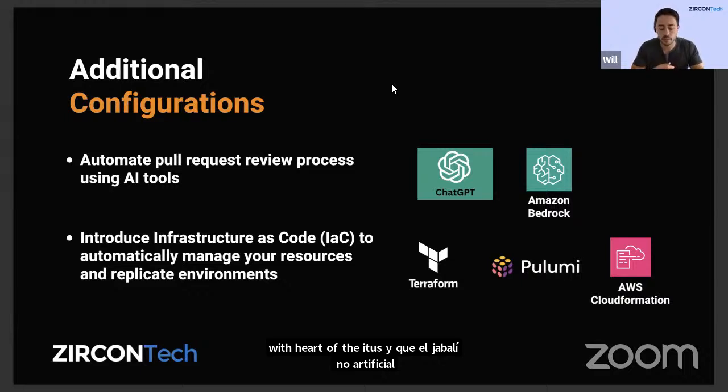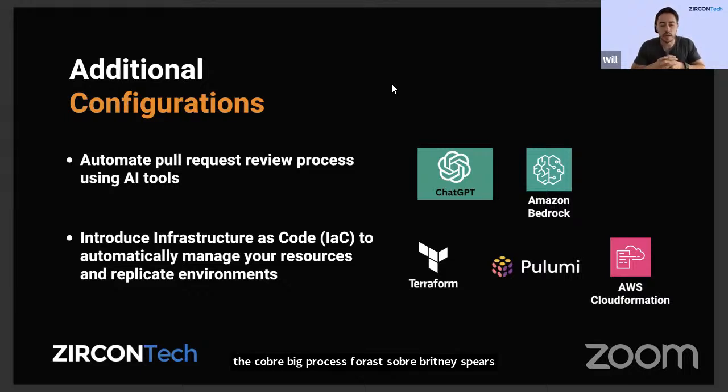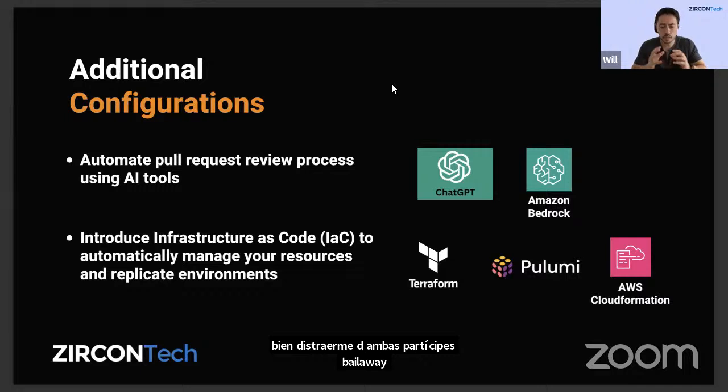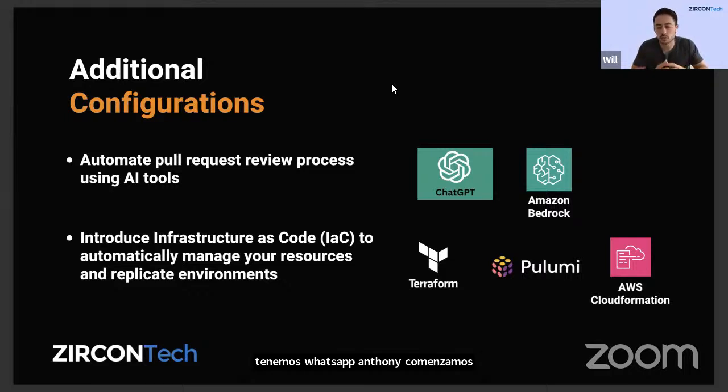So every time a developer opens a pull request, we can ask an agent to perform a code review of those changes. This certainly doesn't replace the human eye, but it will help to identify potential issues and bad practices right away. And the demo will be showing an example of this. And to name some examples, we could integrate this with the GPT API, for example, but also within AWS, we can use a Bedrock model and also ask it to review our code.